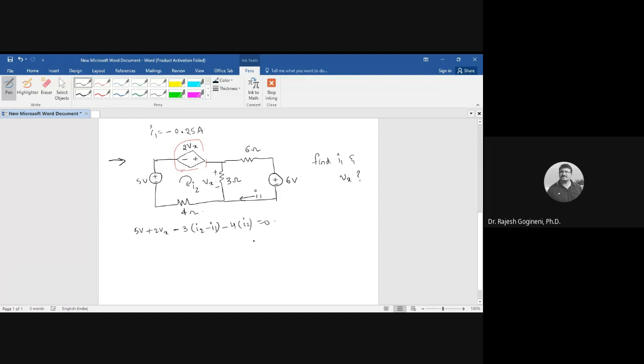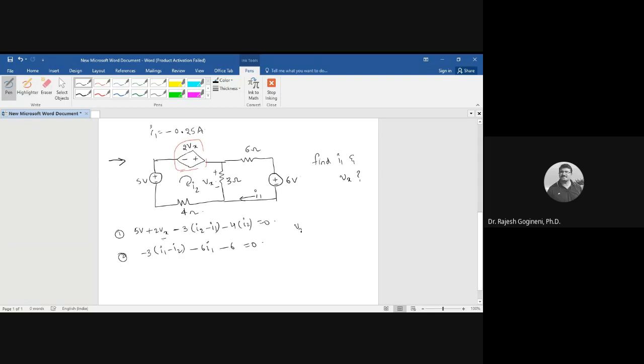Right. So this is the KVL for the first loop. For the second loop, minus 3(I1 minus I2) minus 6 I1 minus 6 volts is equal to 0. In addition to this, you can write one more equation, because here there are 3 unknowns, Vx is there, because there is a dependent voltage source, Vx.